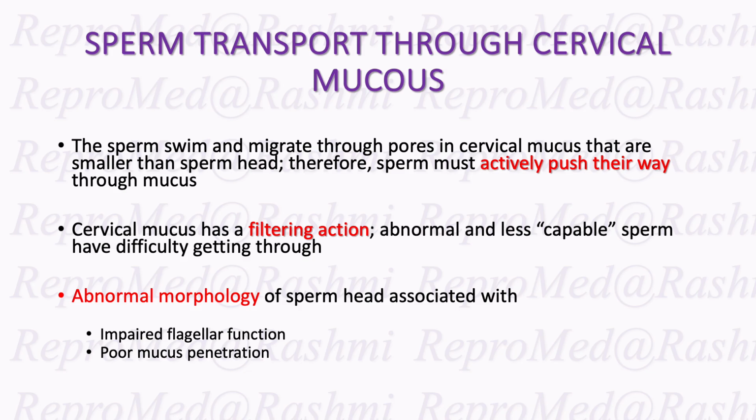Abnormal morphology of the sperm head is associated with impaired flagellar function and poor mucus penetration. So basically, cervical mucus acts like a sieve, and it only allows good quality spermatozoa to further ascend into the female genital tract.